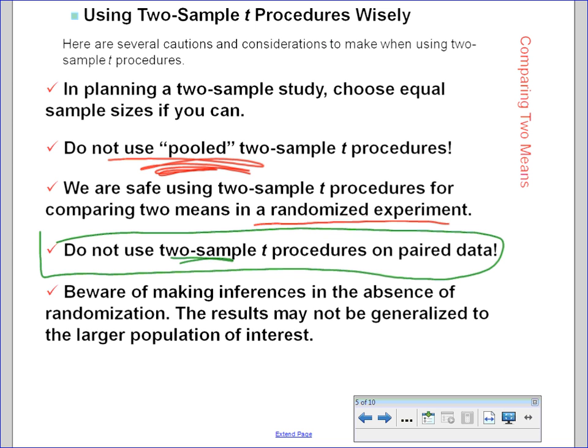Remember, it's two samples, not two data sets. If it all comes from one sample or there's only one group, then it's paired data. So make sure that if you do this, there are actually two samples.